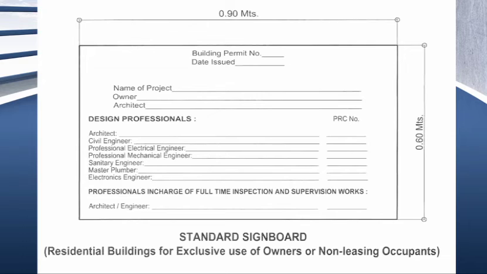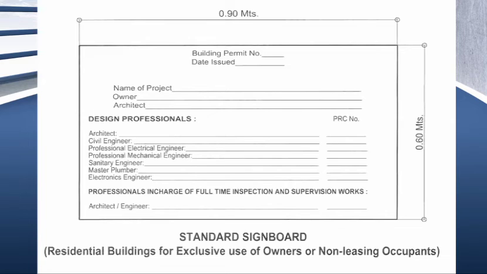This picture shows the standard signboard for the residential buildings for exclusive use of owners or non-leasing occupants. In this sign, it includes the building permit number, the date issued, the name of the project, who's the owner, the architect, and the design professionals.